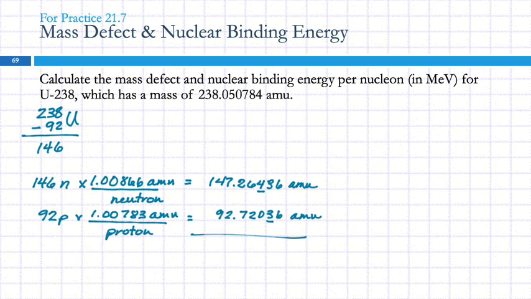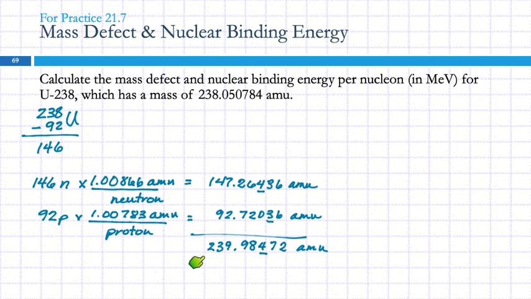So we'll add those together and get 239.98472 atomic mass units. Adding, we're going by decimal places.